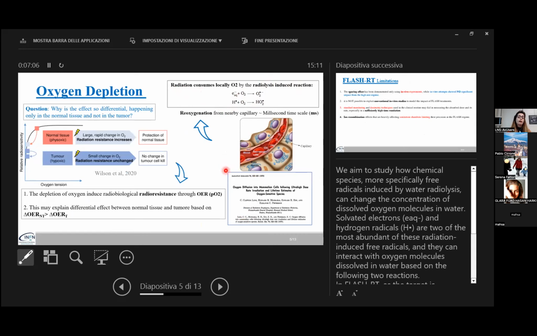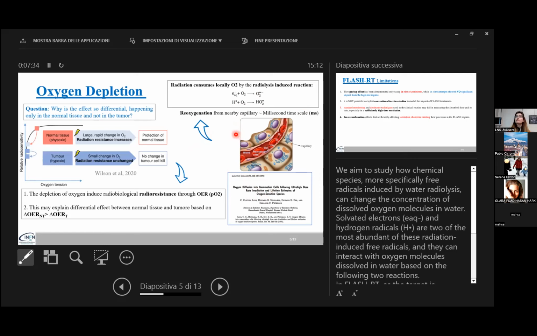So in the short radiation time in flash, according to these articles, which are related to oxygen diffusion into mammalian cells, the reoxygenation from the nearby capillary is on the order of milliseconds, but the radiation time in flash is on the order of microseconds.